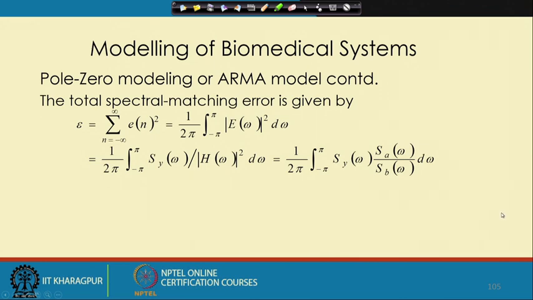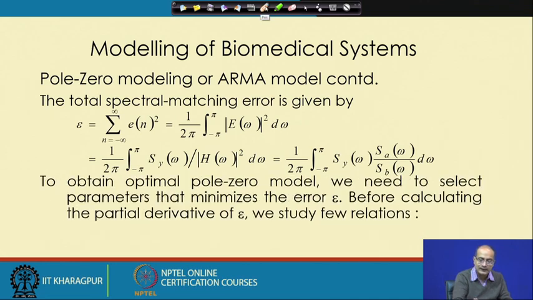The spectral domain error, E omega mod square, can be represented in terms of the spectrum of the signal S y and H omega, and H omega can be represented in terms of S A and S B. Using this fact, we can obtain the pole-zero model coefficients by minimizing the total square error eta.